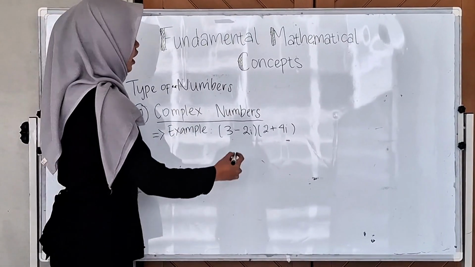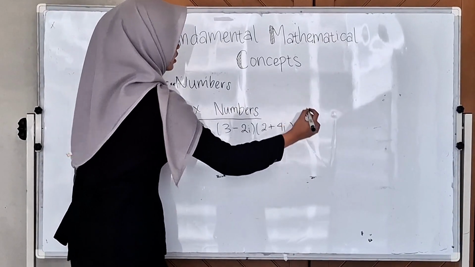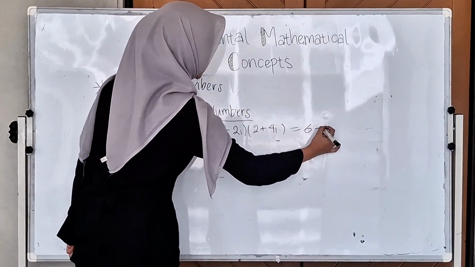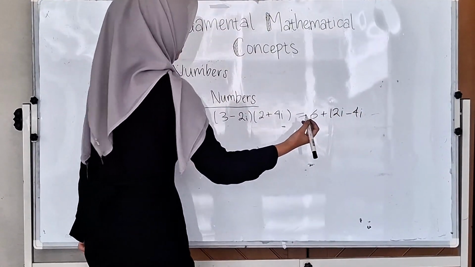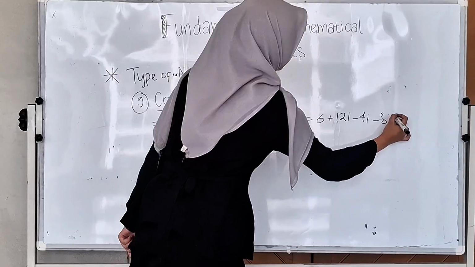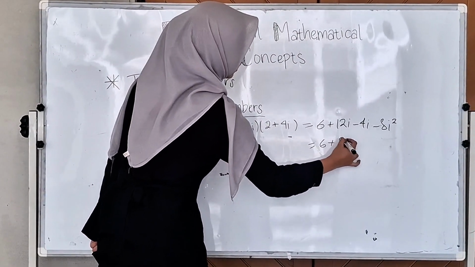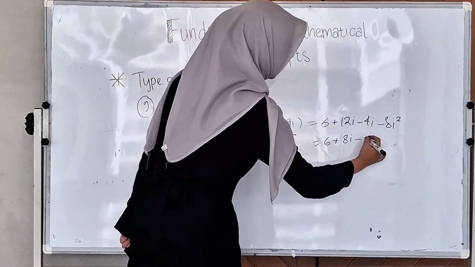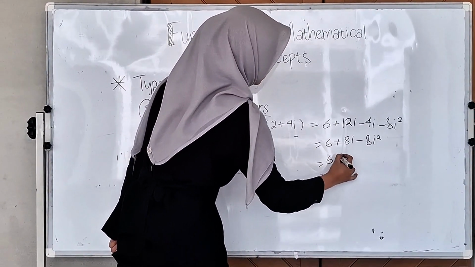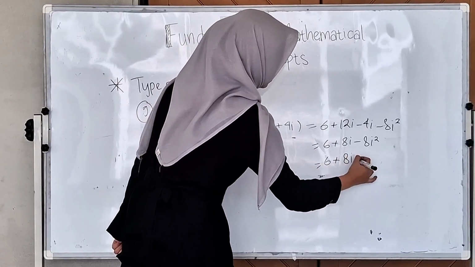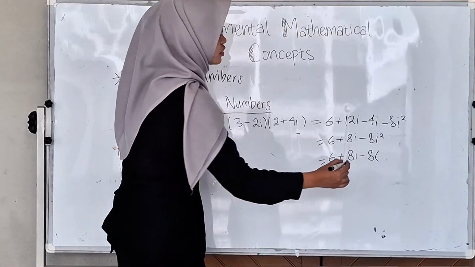Okay, for example, we have 3 minus 2i times 2 plus 4i equals 6 plus 12i minus 4i minus 8i squared equals 6 plus 8i minus 8 times, as we know before, i squared is equal to minus 1.